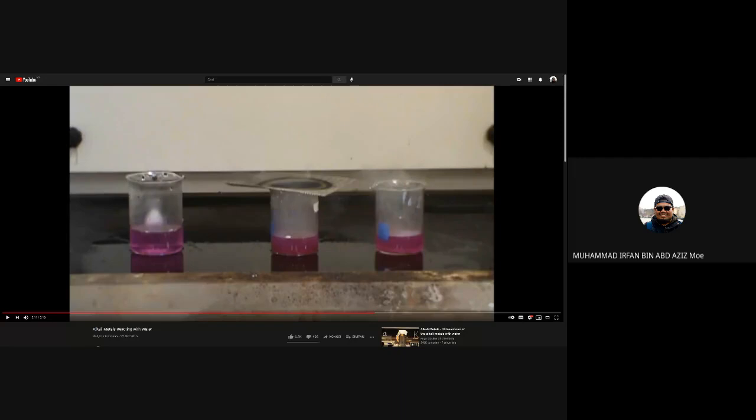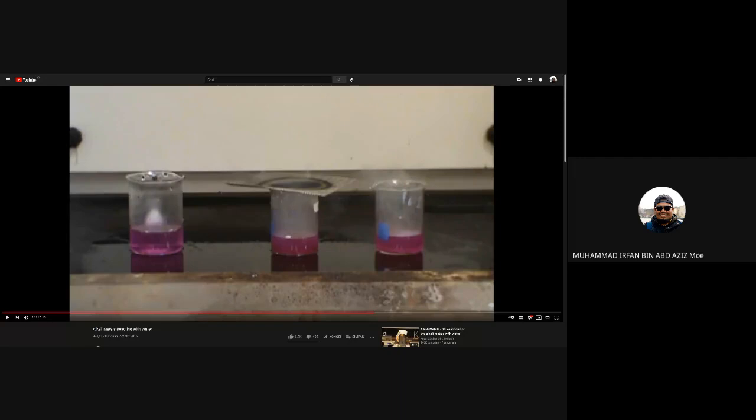Lithium will react with water to produce lithium hydroxide, LiOH, and hydrogen gas. The smoke is hydrogen gas. We can test this hydrogen gas later. It will produce a pop sound, an explosive popping. But oxygen will ignite a burning splinter. That is the difference: one relights, one gives a pop sound.